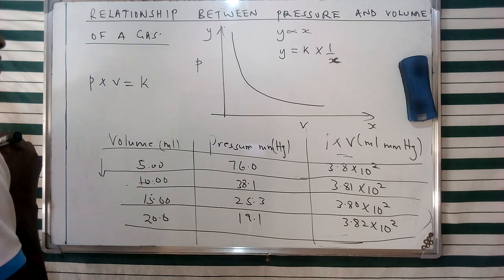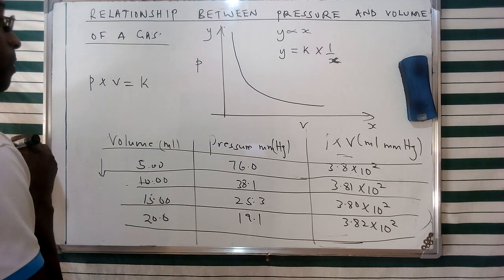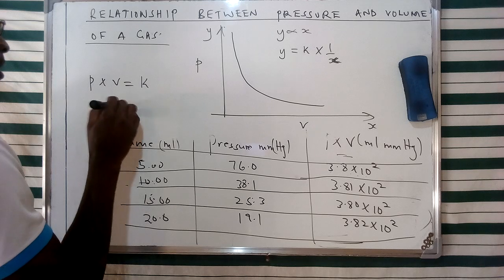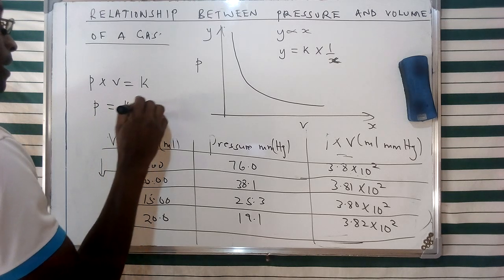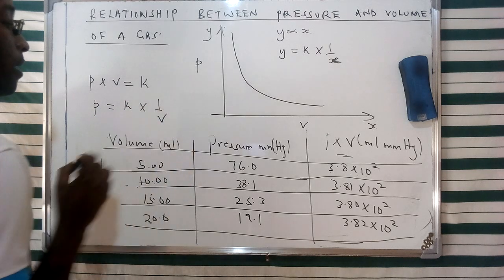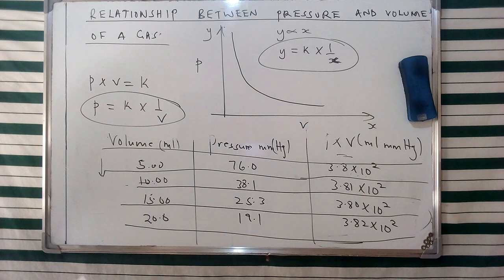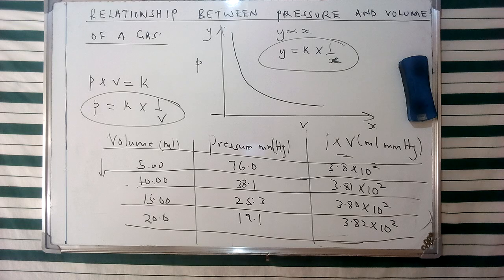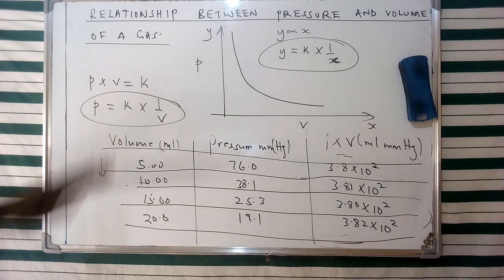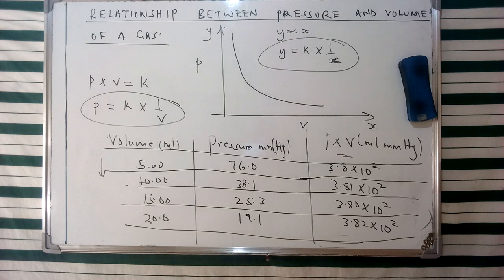So we can represent pressure using k times 1 over V. This is the relationship that we are describing from the graphical representation that I've given on the board. And this is going to give us the concept of Boyle's law, which gives the relationship between pressure and volume of a gas at constant temperature.